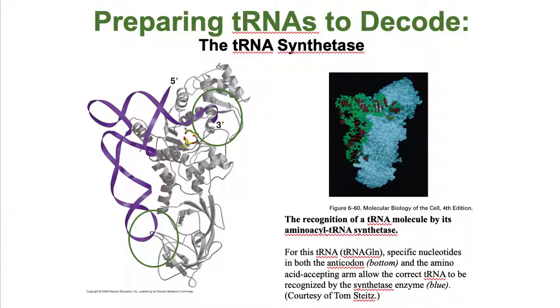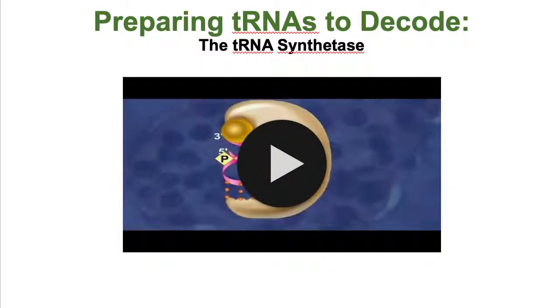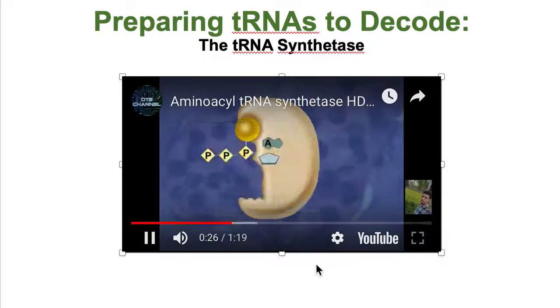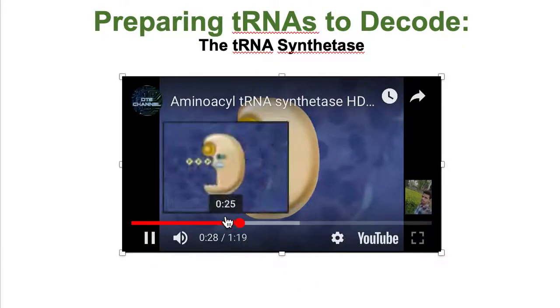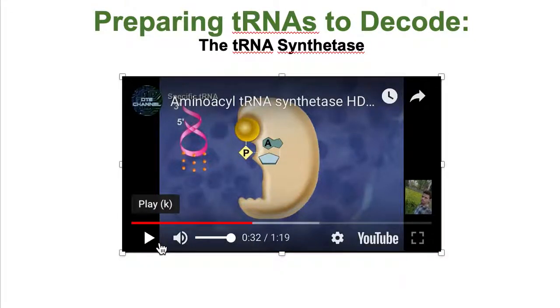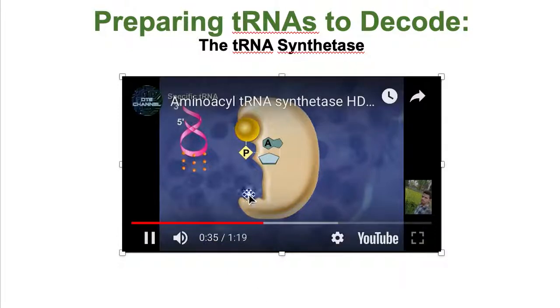I don't know if we should really watch this, but it's an extremely simplified view of this process, but I think it makes the point. You have to charge it with your ATP and the amino acid. This happens in the synthetase, releasing the pyrophosphate. You then have a specific tRNA. You want to add the right amino acid to it.